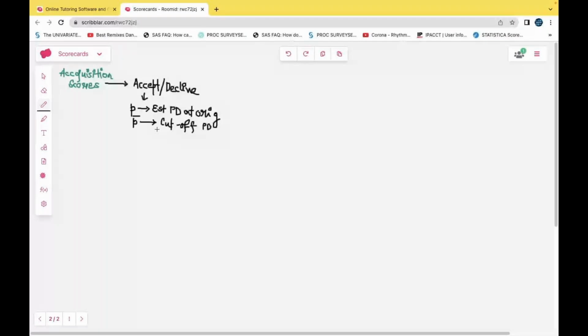So over here, if the estimated probability at origination is less than the P bar, then accept.